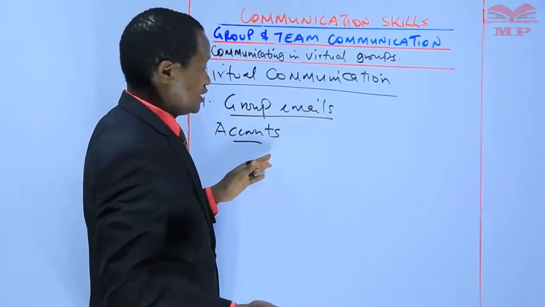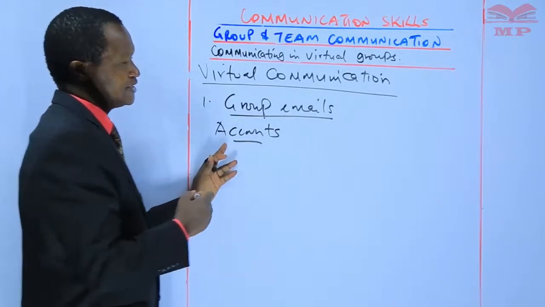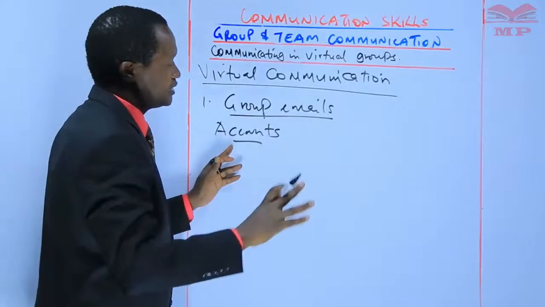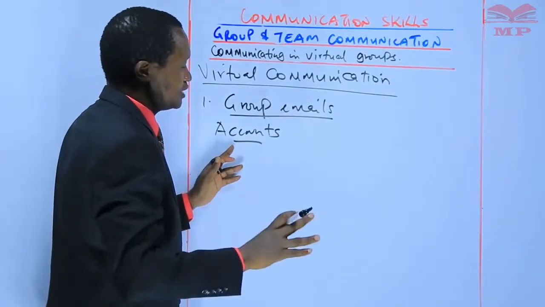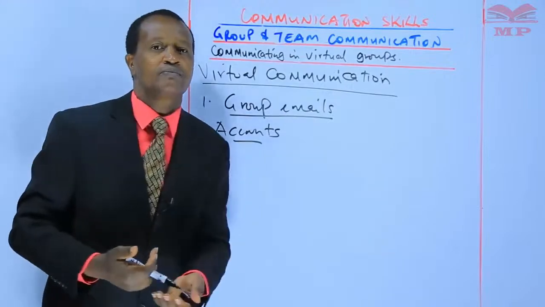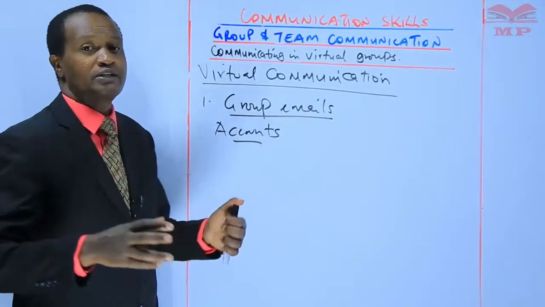Could be 50 or 100. So that when this finance director sends the email to the group, then all the members in the group of the accounting department will receive the same email instantly. That's what we refer to as group email.